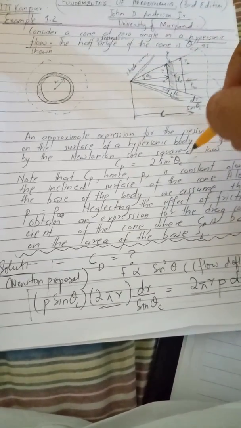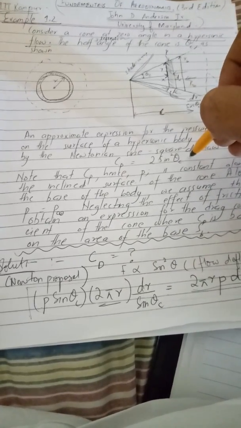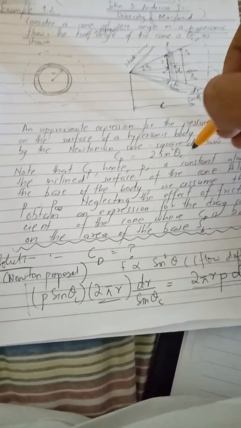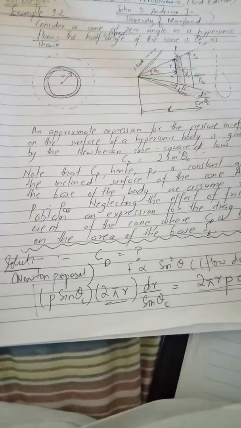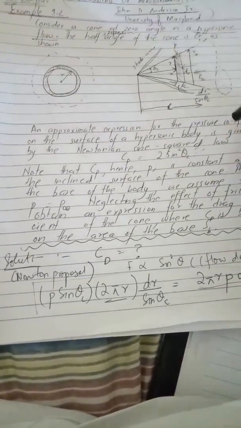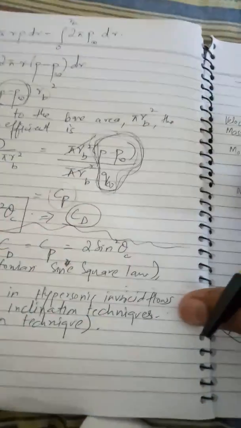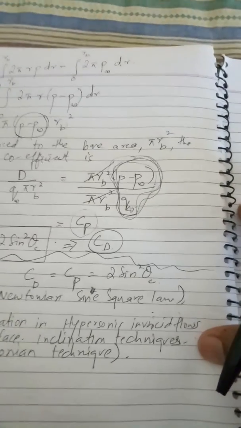You can also look at the inclined local surface inclination technique. For that we have discussed the Newton technique and applied it. I hope we have covered the coefficient of drag, which is normally equal to this, the Newtonian sine square law, and we covered it with the help of the derivatives taken as a part of the sphere.